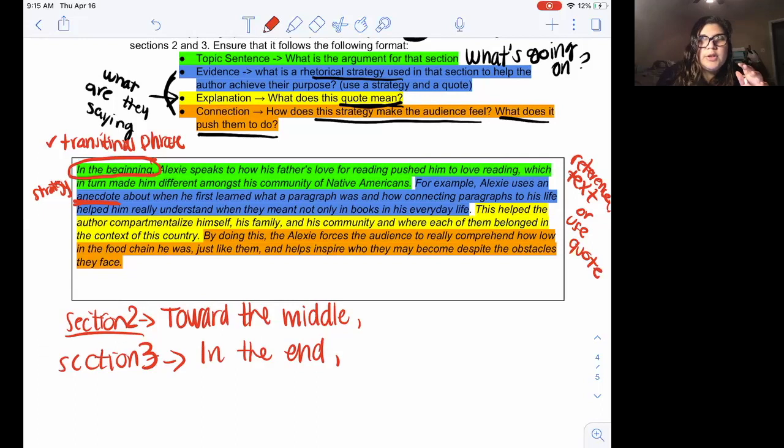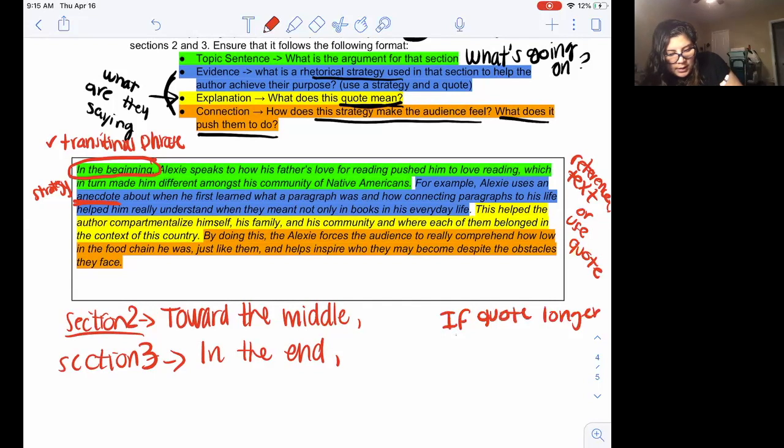Now, what you want to make sure is, if the quote is longer than 7 to 9 words, then reference the text instead.